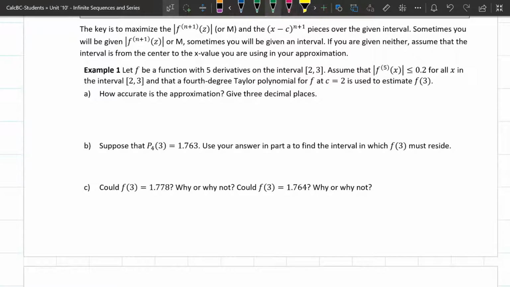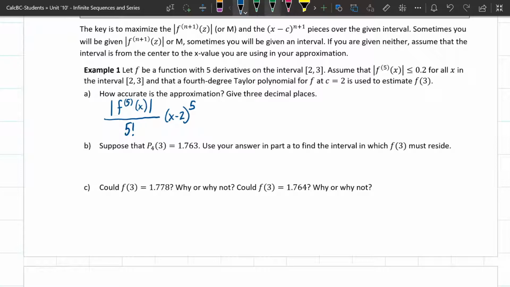So our error comes from the absolute value, in this case, of that 5th derivative of our function at x. And since we are looking at that 5th derivative, we're going to be dividing by 5 factorial times that x minus 2 to the 5th power.